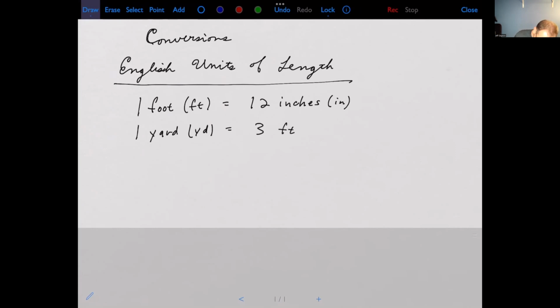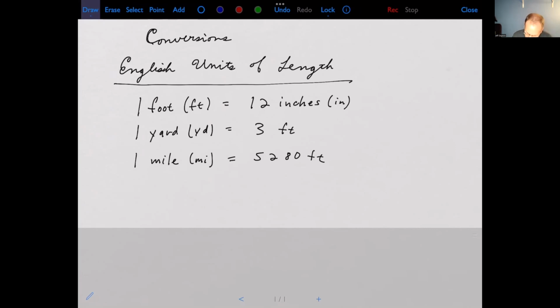And we know that 1 mile, so MI, is equivalent to 5,280 feet. Okay, so let's start off simply by using these unit conversion factors to solve some problems.